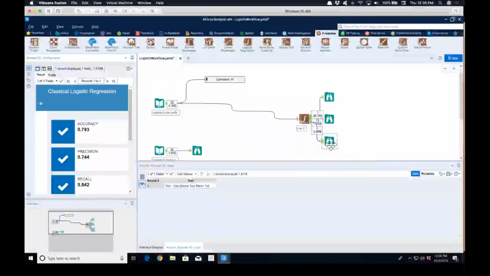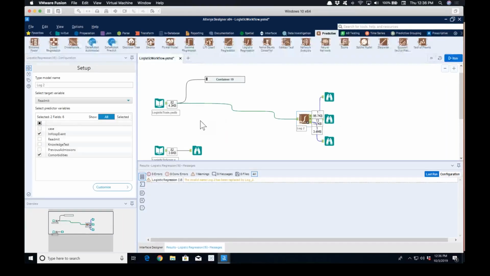Because if you're like me, Occam's razor drives the bus, and we would say the simpler one is usually better. We're only gaining about 2/100ths of a point, or 1 more person correctly specified, if we include those other 2 variables. I'm all for simpler models. Only 2 variables here, in-hospital event and comorbidities, and this may be the one that I want to go with, so I may just choose this one.